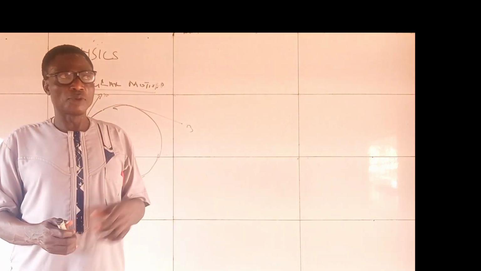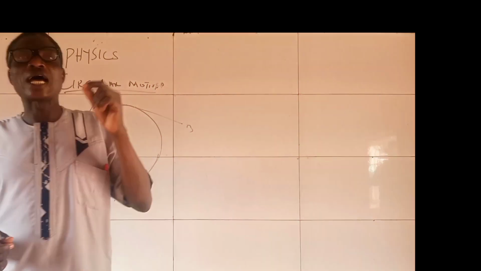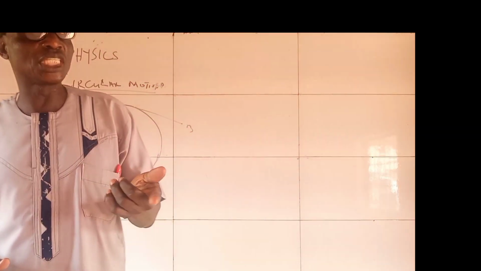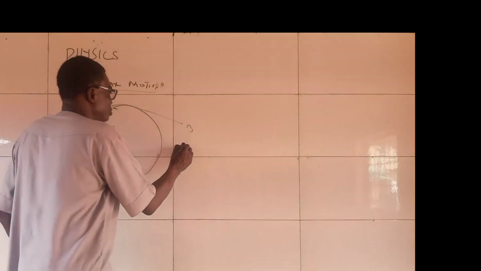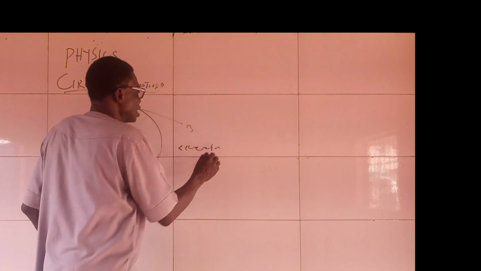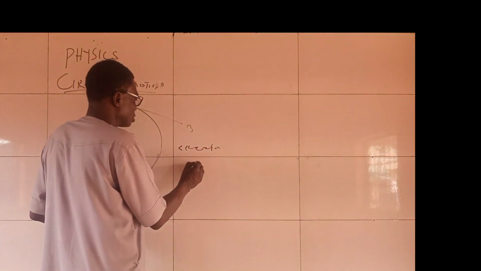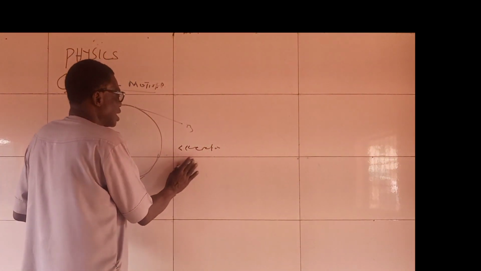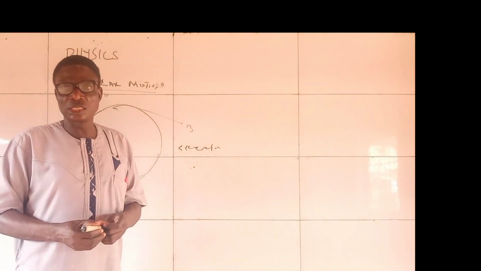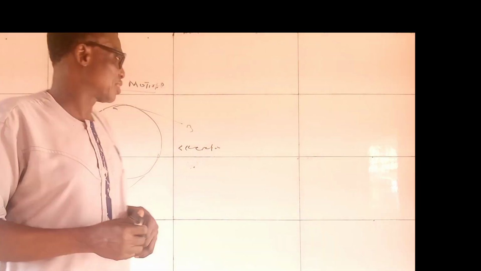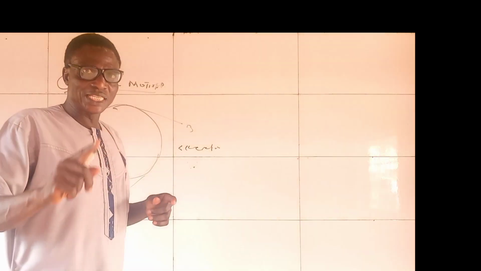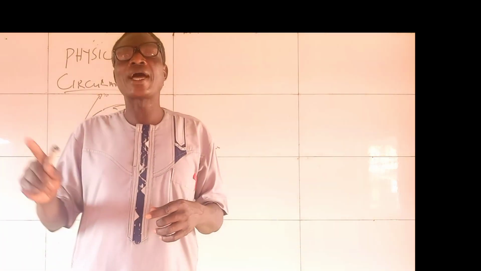So the change in direction brings about acceleration. That means there is a change in velocity, and as a result of change in velocity, there is acceleration, and the acceleration is called centripetal acceleration. That is an acceleration round a circle.